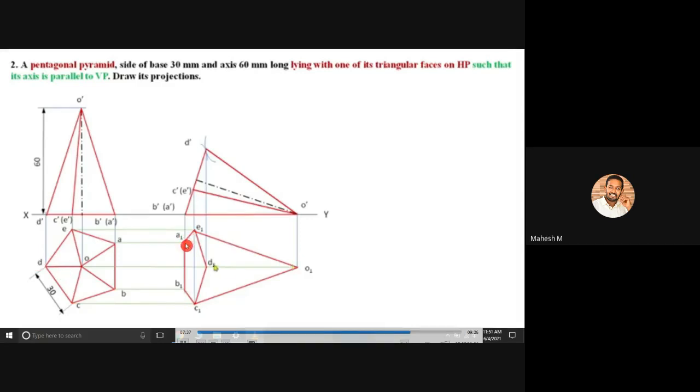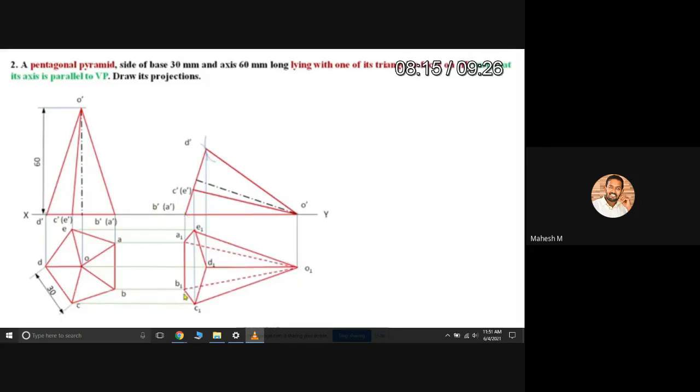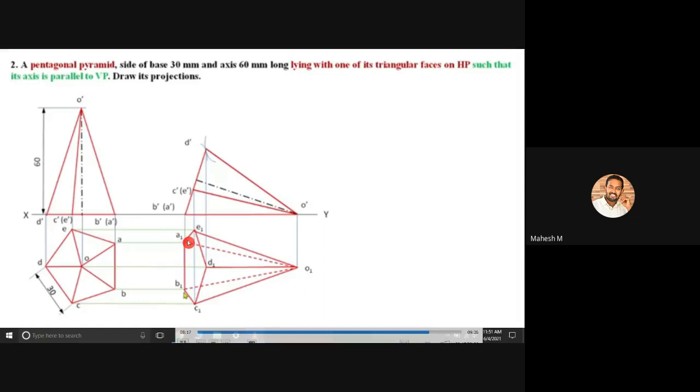So you can connect AO and BO with the dotted line. Okay. These two lines should be a dotted line. Is it clear?